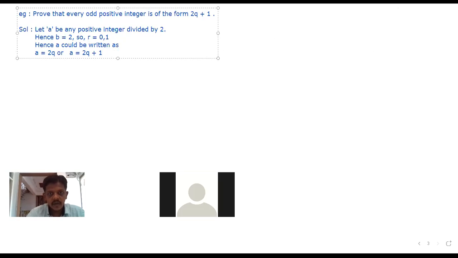Wait, don't write this example yet, just pay attention first. We are going to do a parallel example as well.